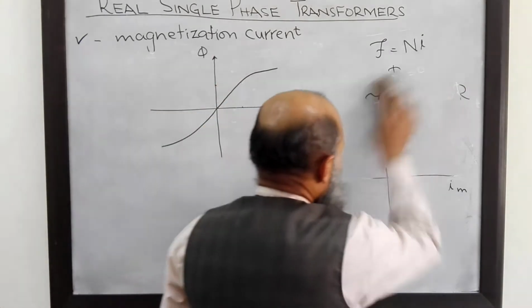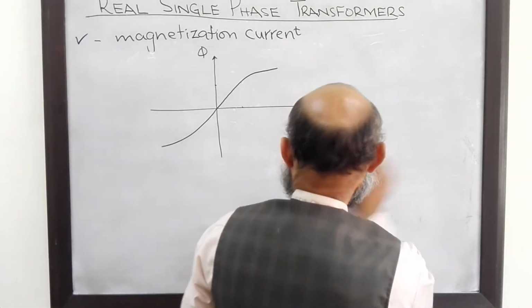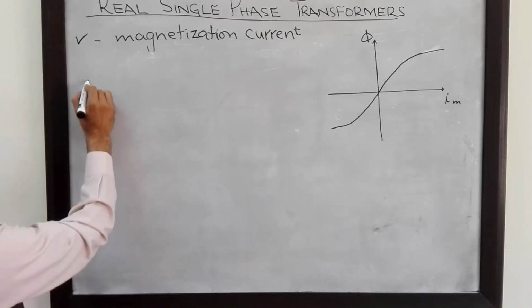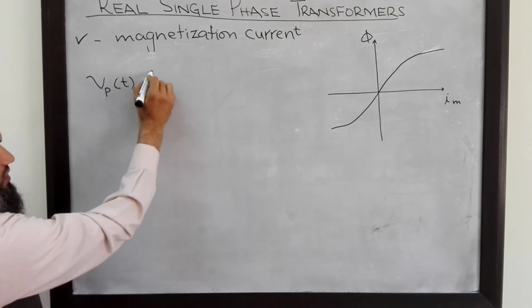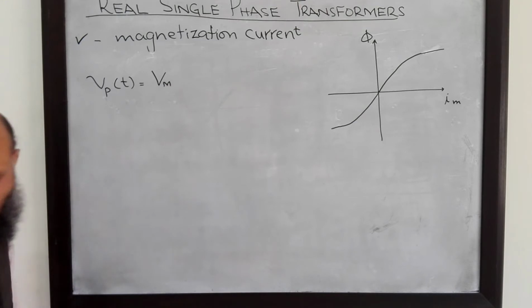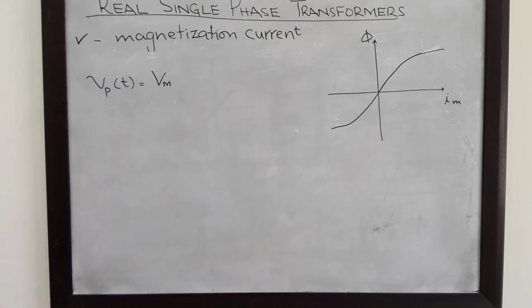For that purpose, let's take this situation. Suppose we have applied the primary voltage to a transformer, Vp, given by Vm cosine of omega t.